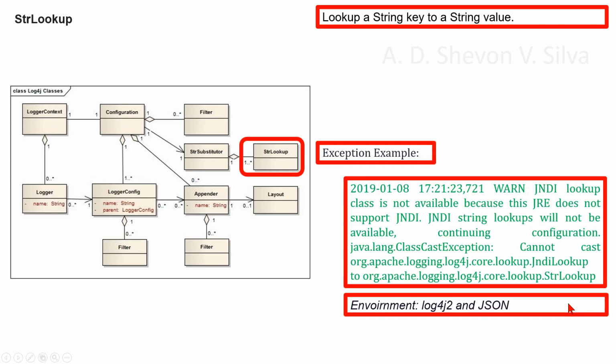And as an exception example, we can consider this occurring in the environment with Log4j2 and JSON. JNDI lookup class is not available because this JRE does not support JNDI. JNDI string lookups will not be available, continuing configuration.